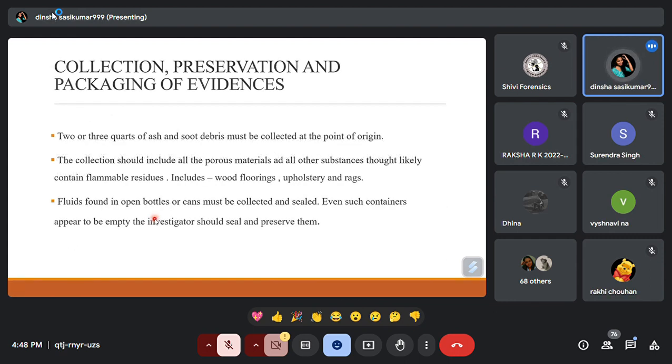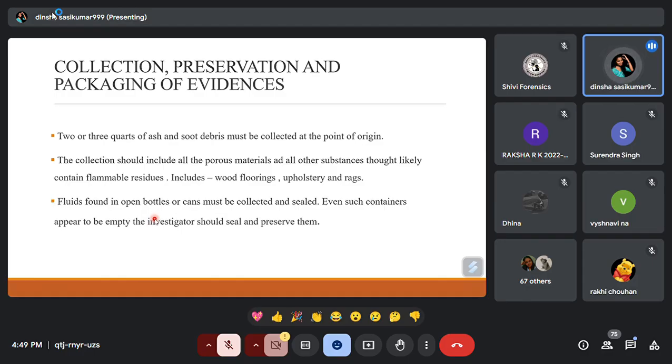Now let's discuss the collection, preservation, and packaging of evidence. Meticulous effort should be employed for the collection, preservation, and packaging of evidence from an arson scene. First, two or three quarts of ash and soot debris must be collected at the point of origin.